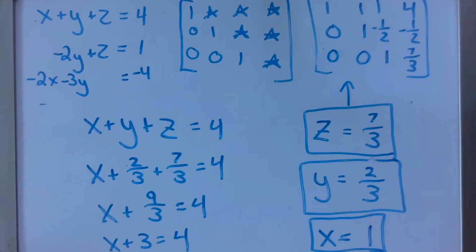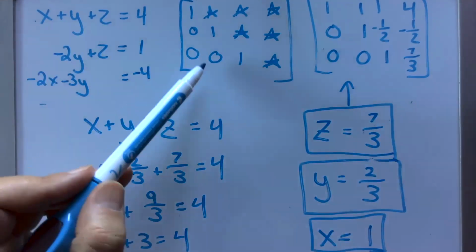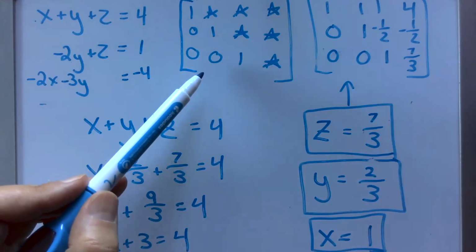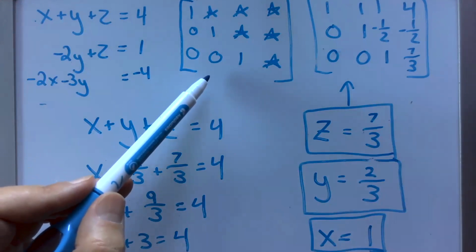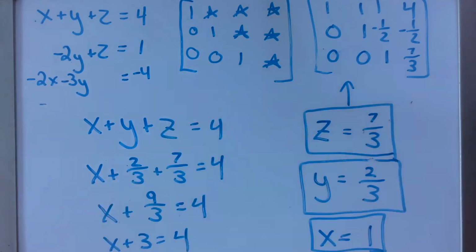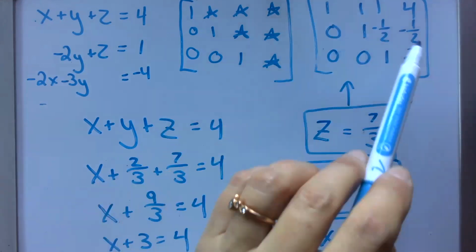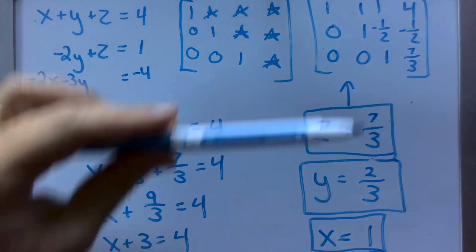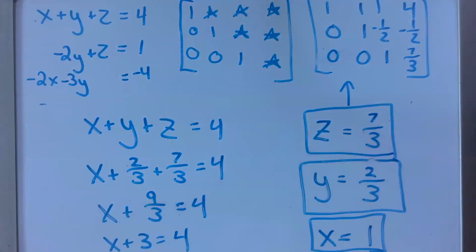So by taking my system of equations, transforming it into row echelon form and using Gaussian solving, I then create this new matrix, which I can then back solve to get these 3 solutions.